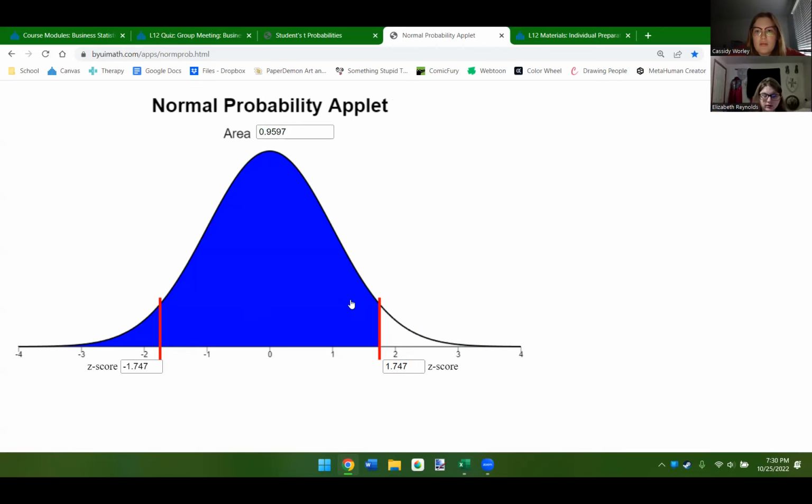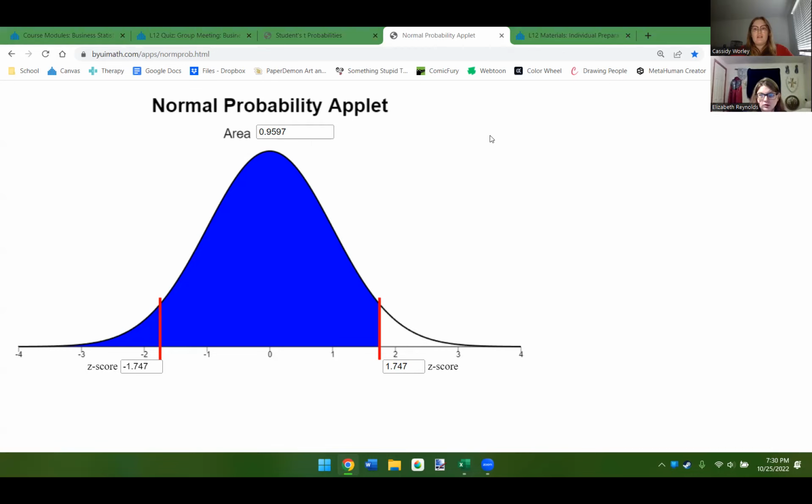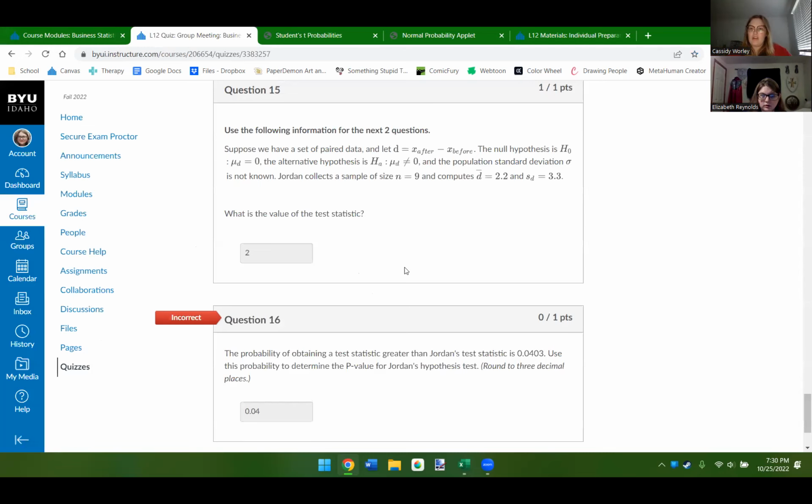Well, that would depend on using the z-scores to see. Yeah, his hypothesis test is two-tailed. The probability of obtaining a test statistic greater than is one-tailed. Wouldn't we just multiply that by 2?